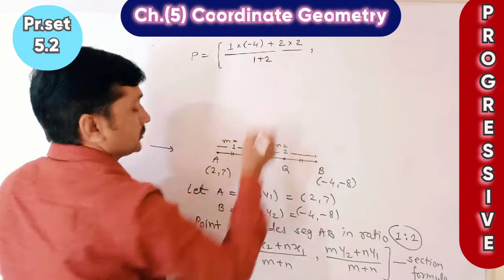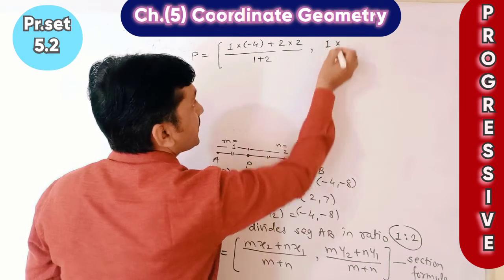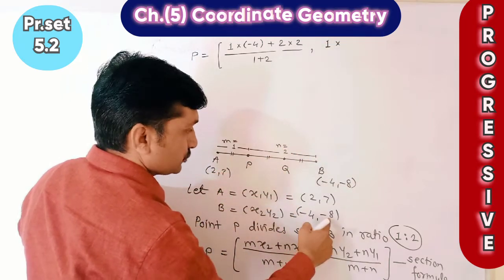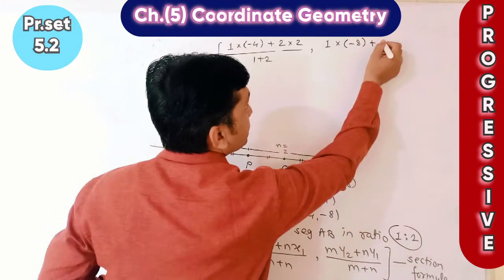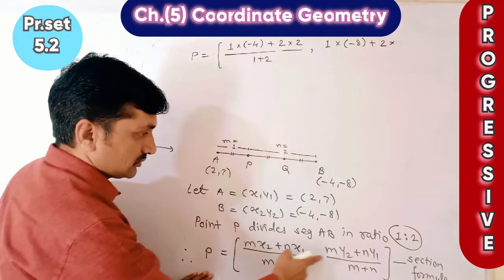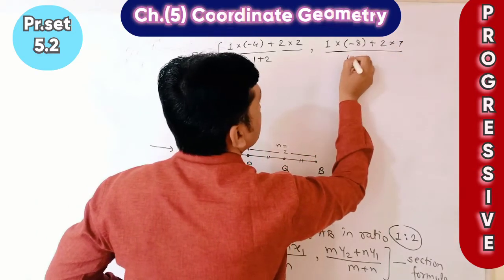Again, 1 multiplied by y2, where y2 is -8, plus 2 multiplied by y1, where y1 is 7, upon 1 plus 2.